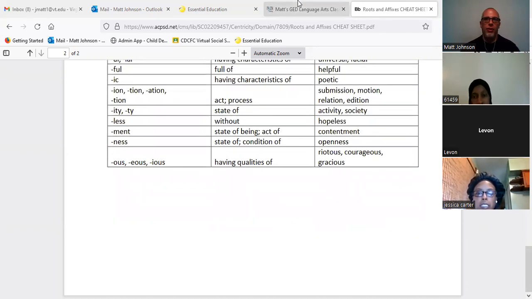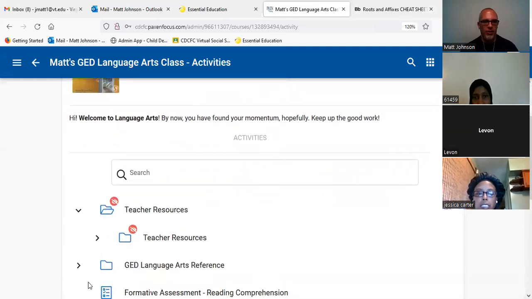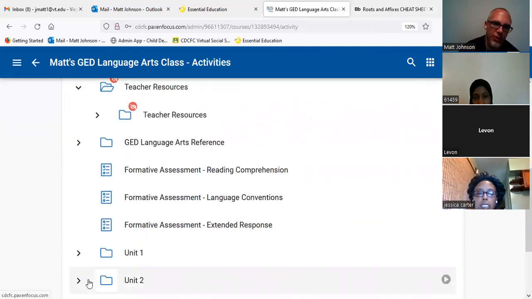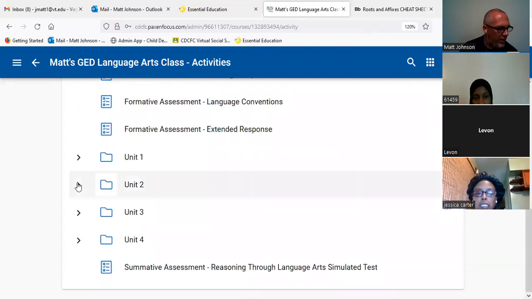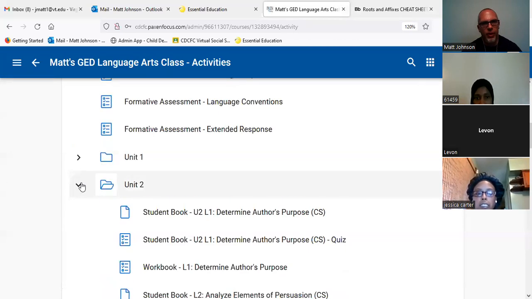So look for that on Google Classroom. And I'm going to start with a small Paxton lesson, and we'll move over to Essential Ed. Unit 2, I think is what I'm looking for here for context clues.